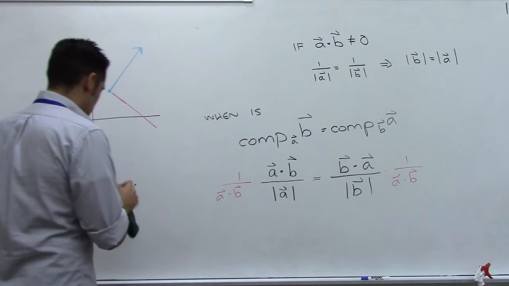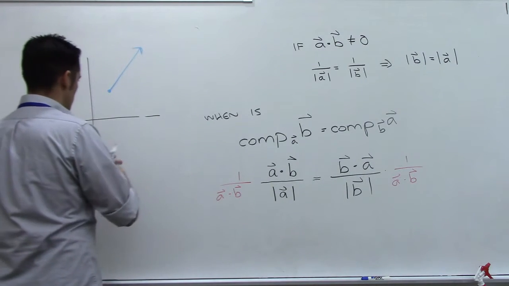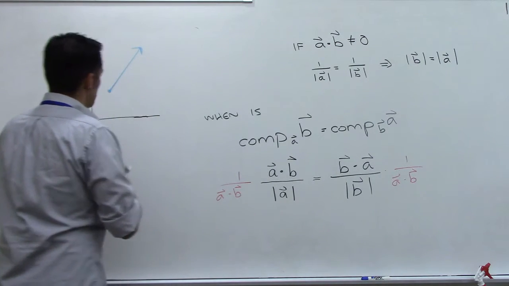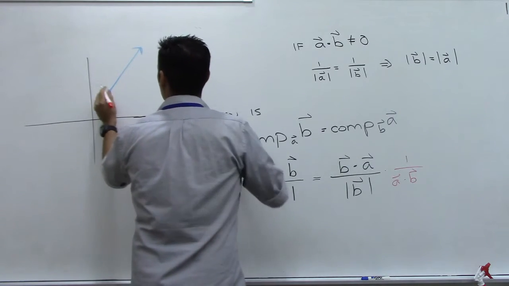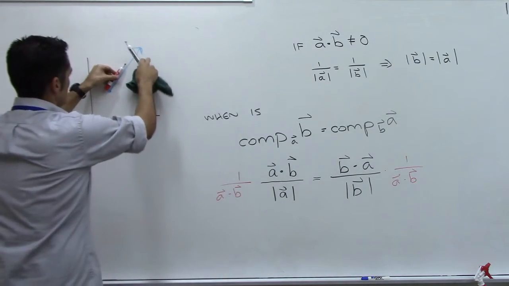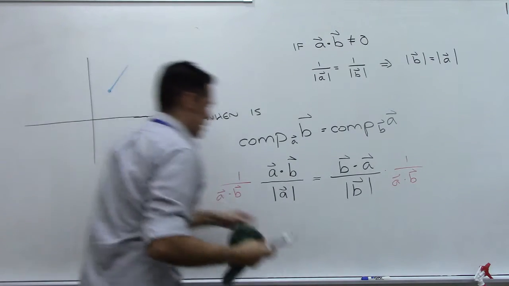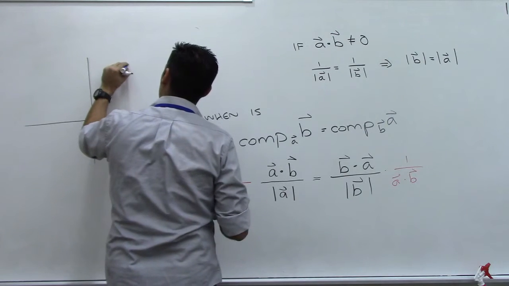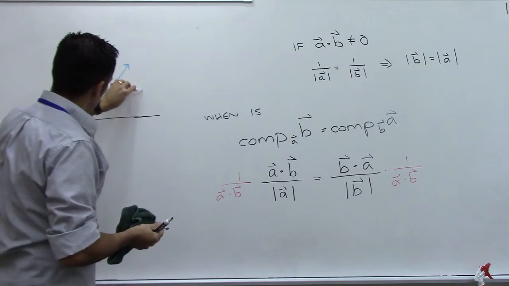So assuming I cannot make a right angle, I'm saying that the lengths have to be the same. Let me make this a little more accurate. I'll make this exactly one of these pins, and then I'm going to do another pin, somewhere around there.